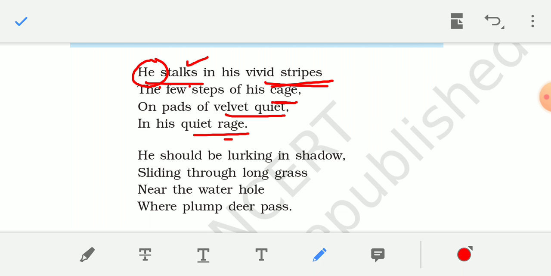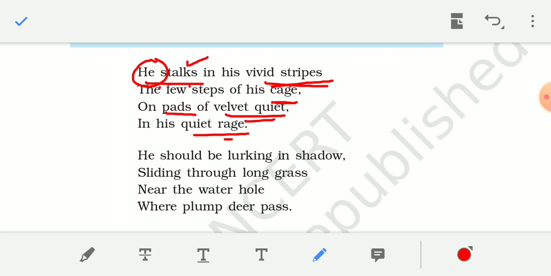Okay. Here pads is paws, or we can say panja. The poet has compared it with velvet quiet, that means very soft, and it moves very quietly, smoothly and slowly, and so the poet has compared it with velvet quiet.